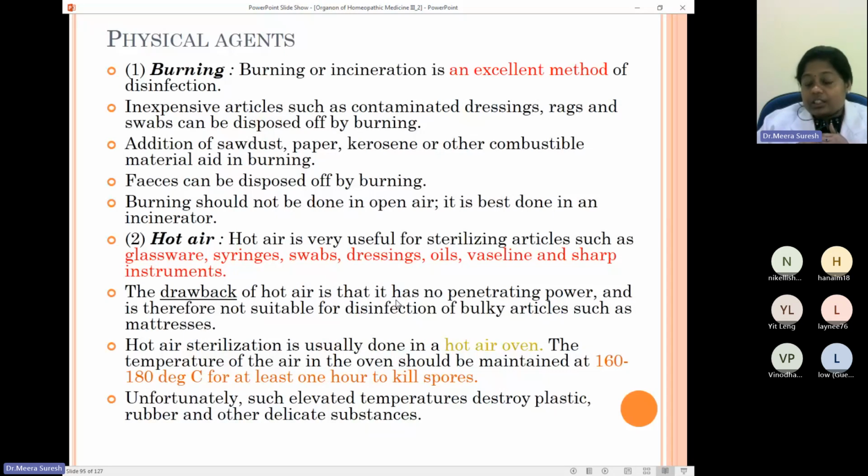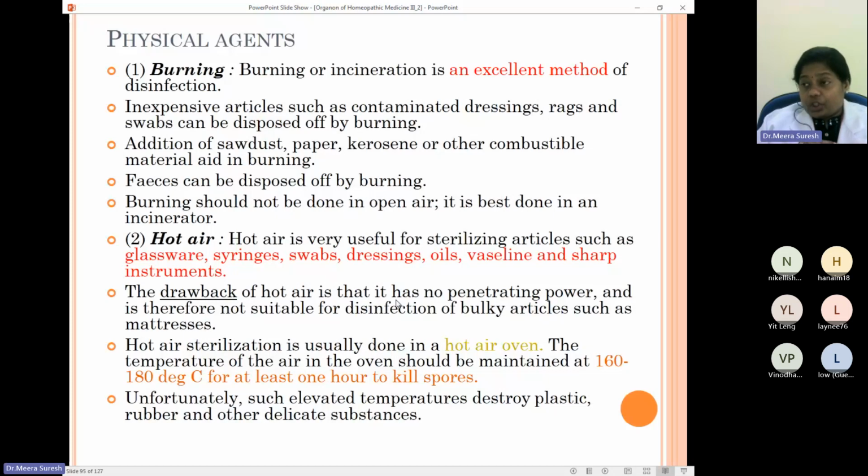Inexpensive articles such as contaminated dressings, rags, swabs can be disposed of by burning. If we add certain things like sawdust, paper, kerosene, and other combustible material, it will aid the burning process. Even contaminated feces, if in a small quantity, can be disposed of by burning.